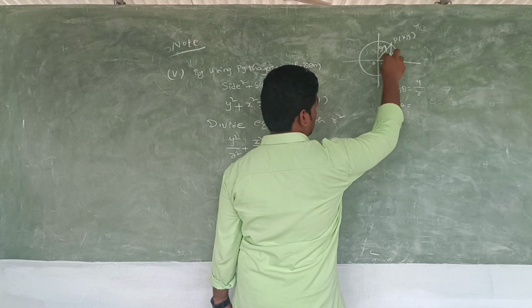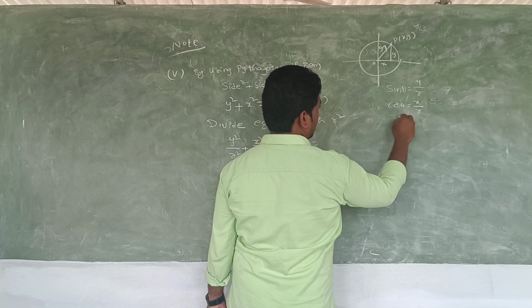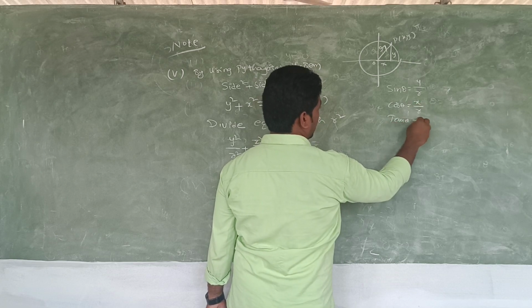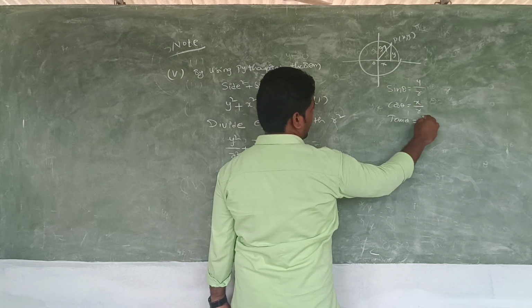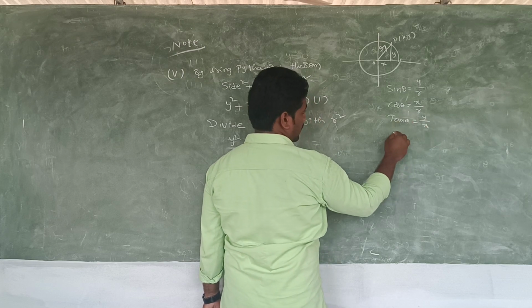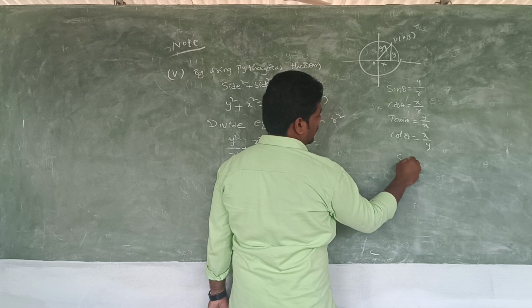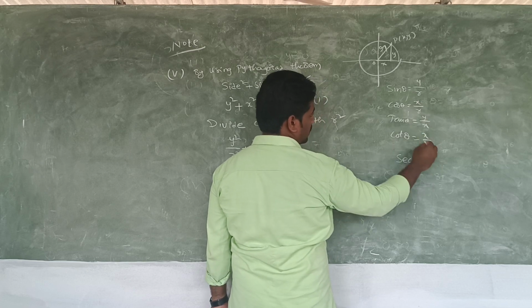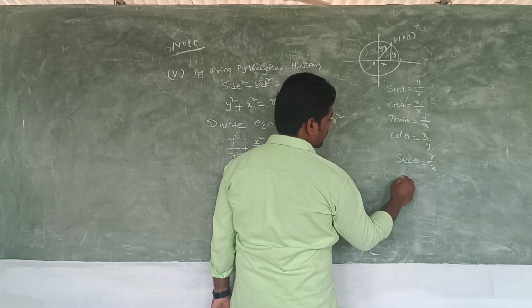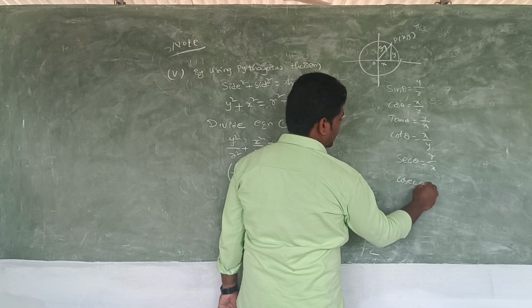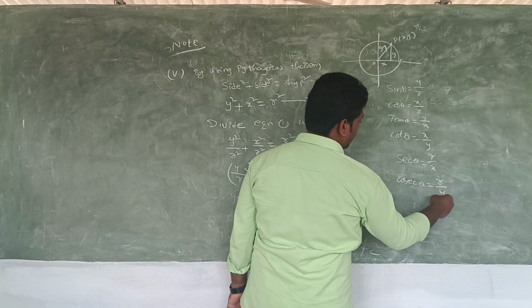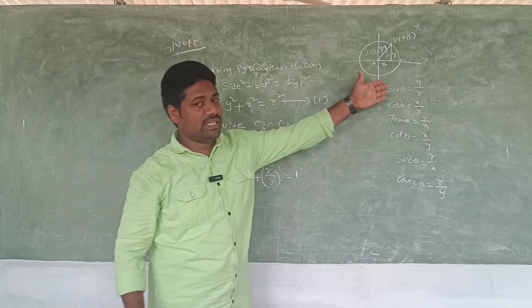Cos theta is equal to x by r. Tan theta is equal to y by x. Cot theta is equal to x by y. Secant theta is equal to r by x. Cosec theta is equal to r by y. These are the basics.